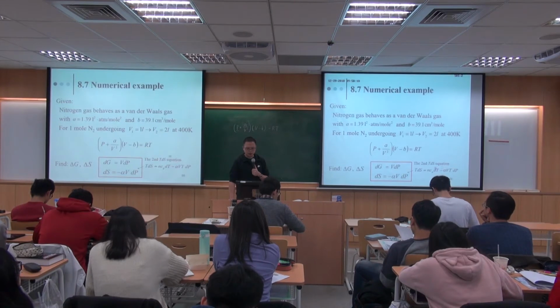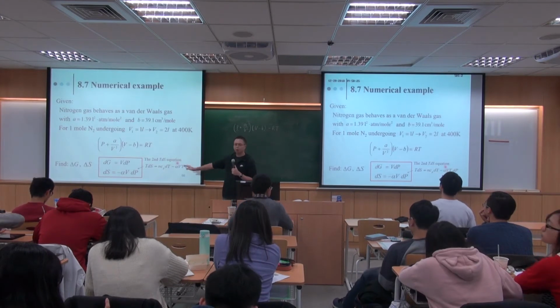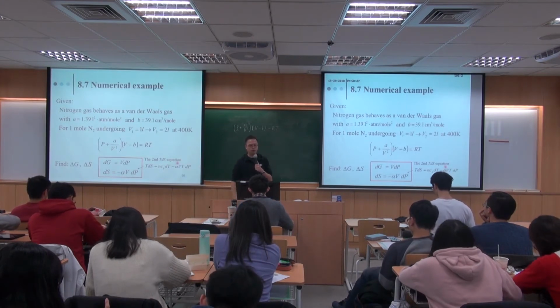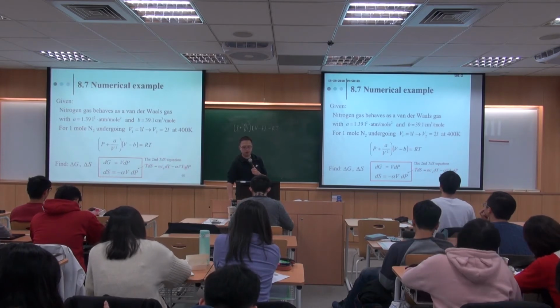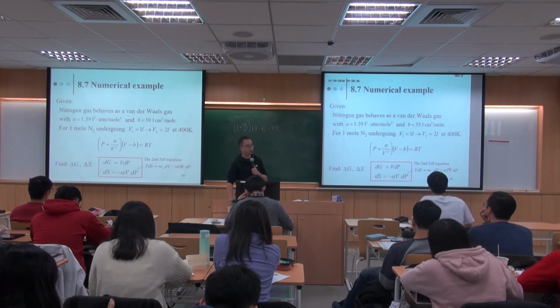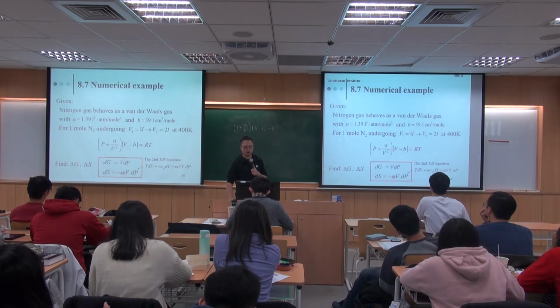It turns out that this expression is very useful because if you're dealing with a constant temperature process, the first term on the right-hand side will just disappear. This term will just be 0. So if you move temperature to the right-hand side, and you can eliminate one temperature over here, you're left with just minus alpha V times dP.